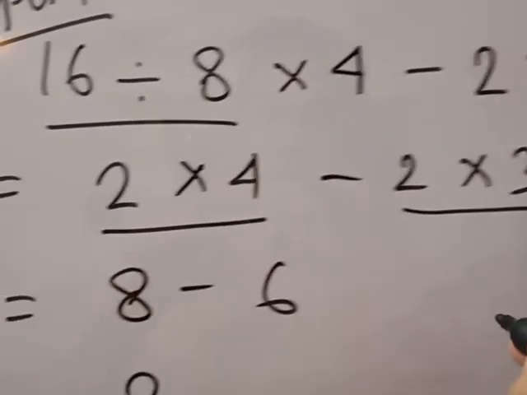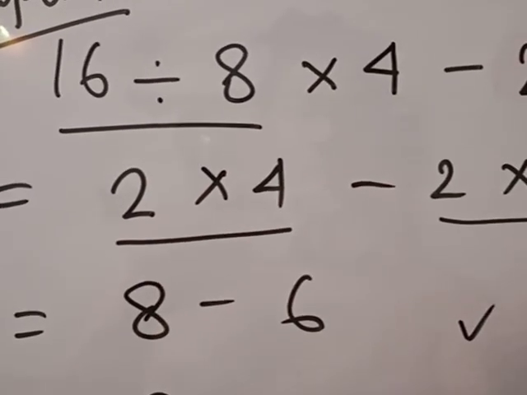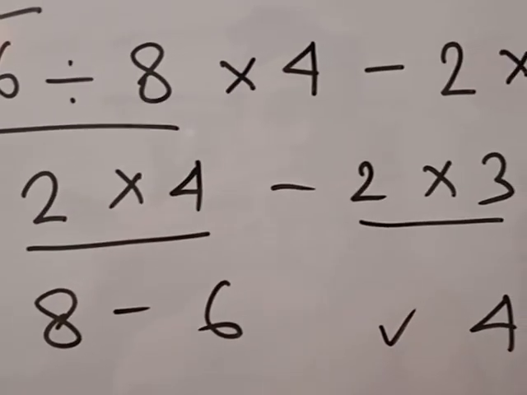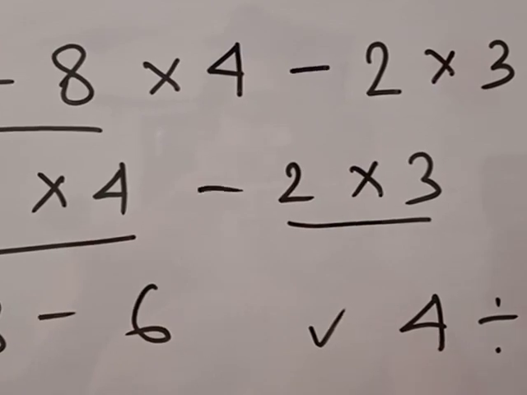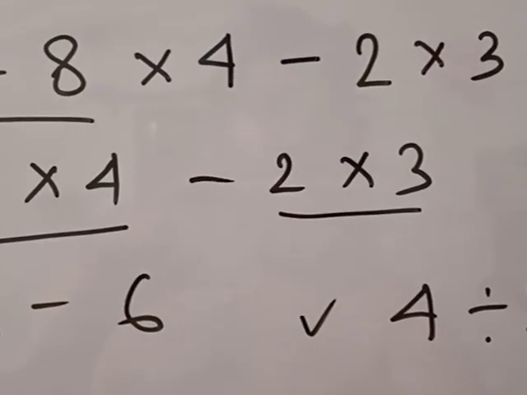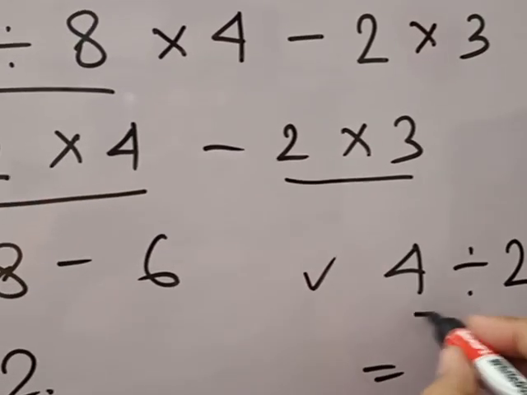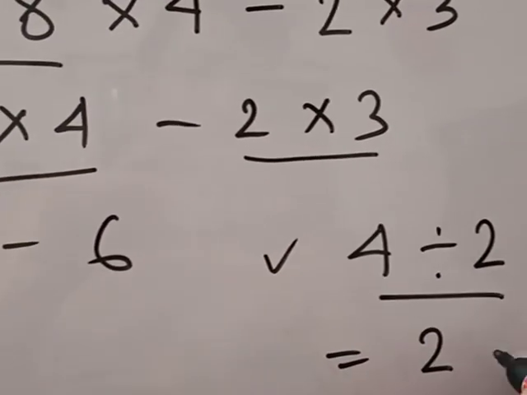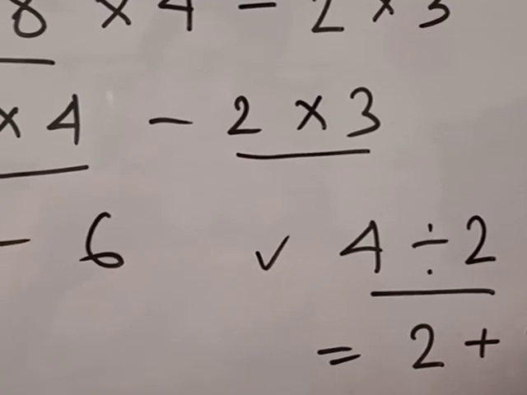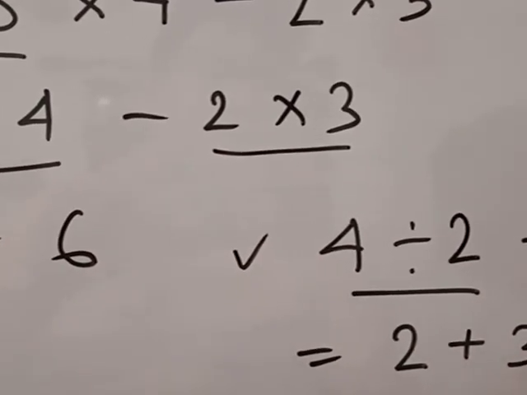Similarly, we can write another example. 4 divided by 2 plus 3 minus 2 into 1. So 4 divided by 2 means 2, then plus 3 minus 2 into 1.